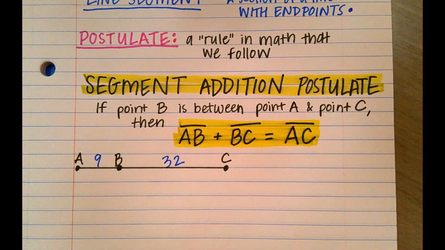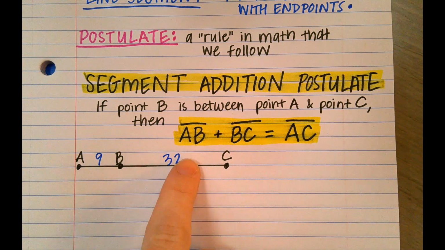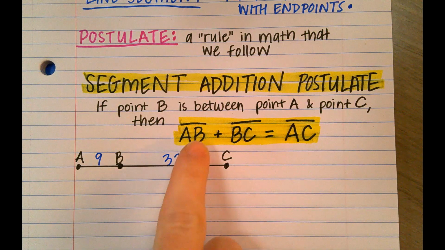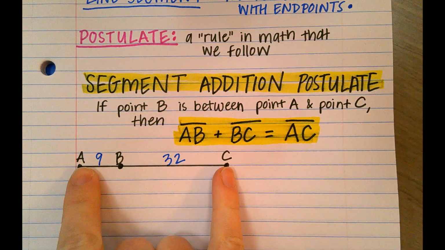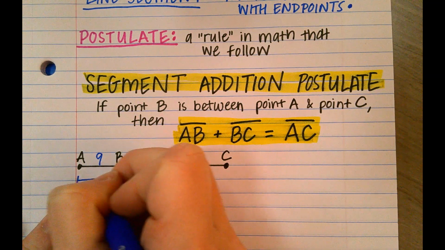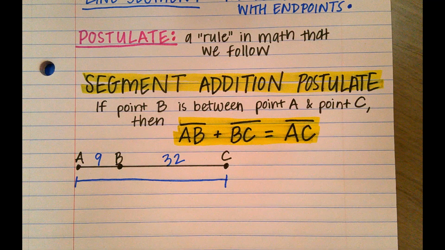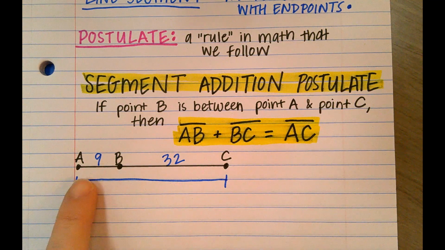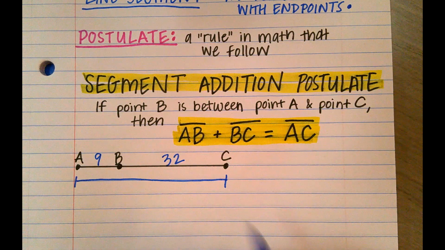What the segment addition postulate tells us we can do is if I know what AB is and I know what BC is, I can just add them together and I get all of A to C. So I know the 2 parts, but I don't know this whole length. So what I would do here is AB is 9.